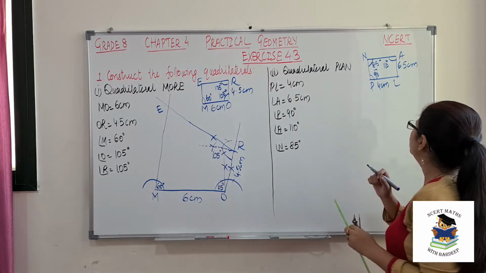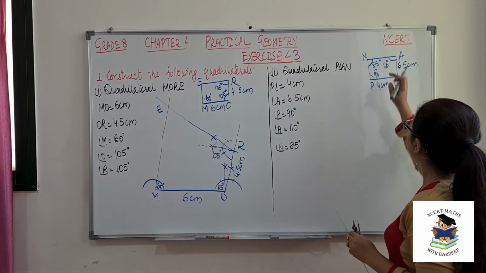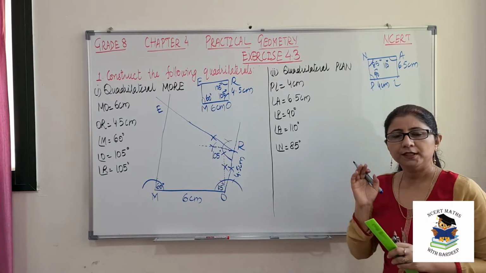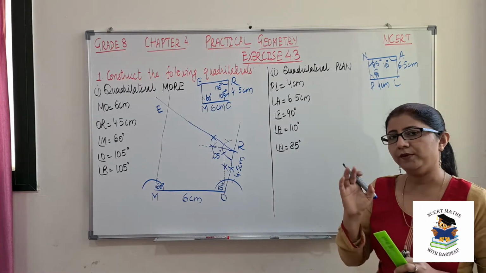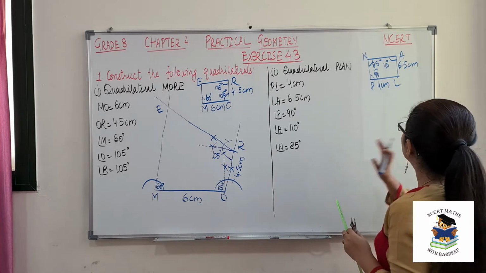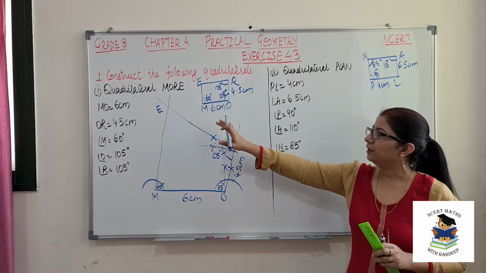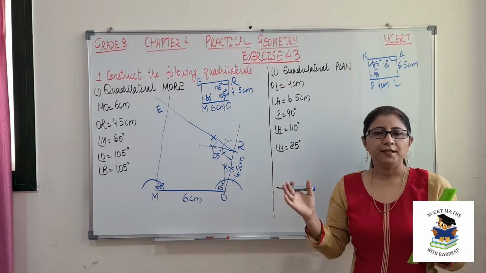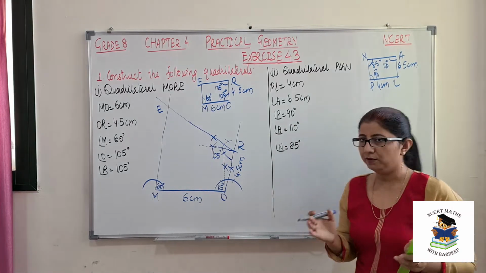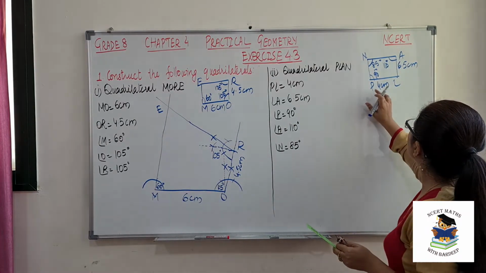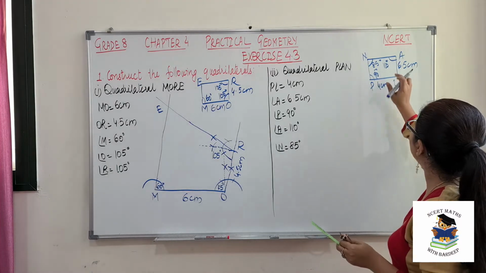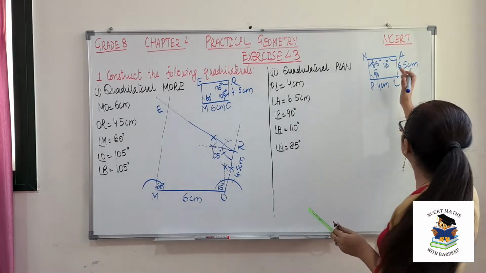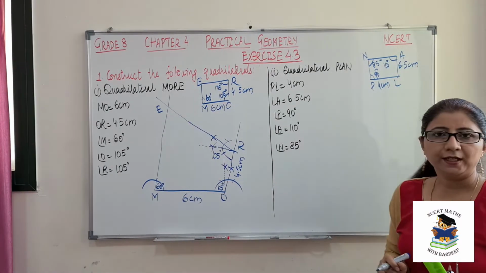Okay, so now what to do? See, 85 and 110 degree we cannot construct with the help of a compass, so we will use a protractor in this. But as I have already said, we will use that line as base which has two angles given to us. But here this length is given but both angles are not given, and for this line also both angles are not given.